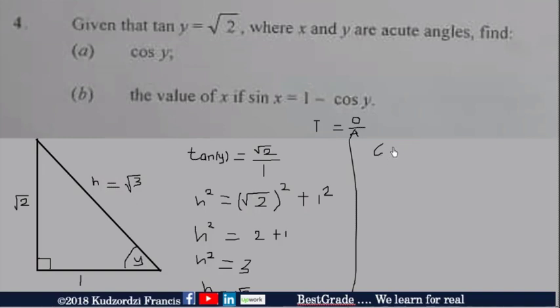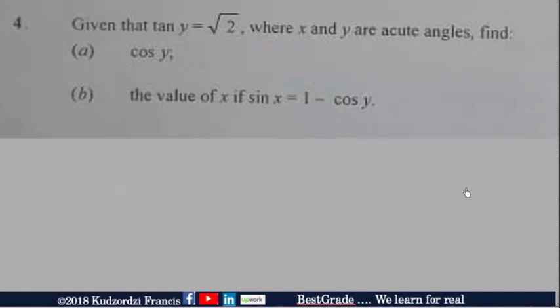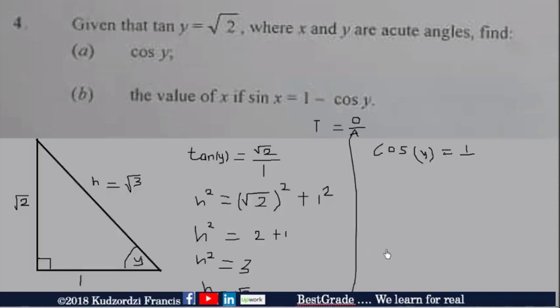Therefore, cos y is equal to adjacent, which is 1, over the hypotenuse, which is root 3. And don't forget to rationalize to get root 3 over 3.